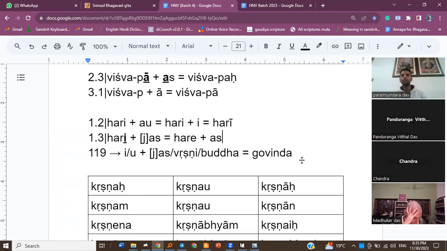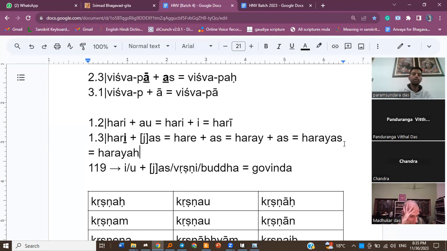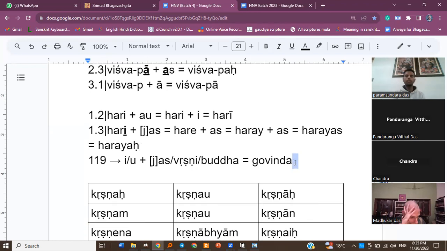The Govinda Sutra says Idvaya becomes A. So here we turn E into A, and then we apply AI by the Sandhi rules. AI, we combine it, and then Sara Rama Vishnu Sarga Vishnu Nante, Sa becomes a Vishnu Sarga, so we get Haraya. So Hari, Haraya. Munaya, Haraya, and so on.